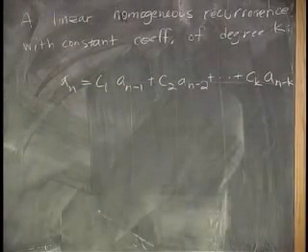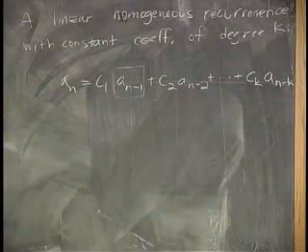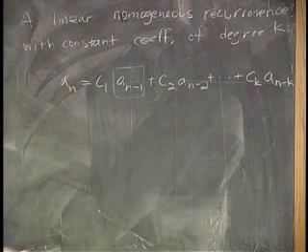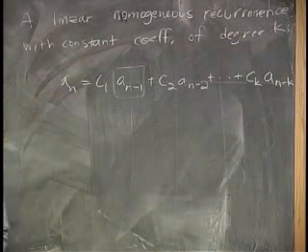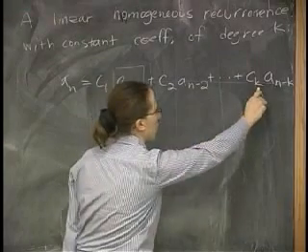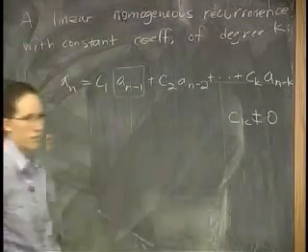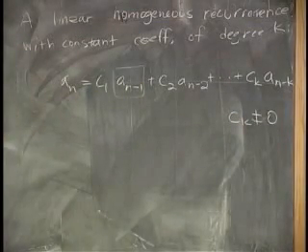Homogeneous just mathematically means that everything has exactly one term of degree 1, and that's it. So there's no an times an minus 2 or anything like that. And then degree k means that we go all the way down to degree k, and so we better have ck not equal to 0.